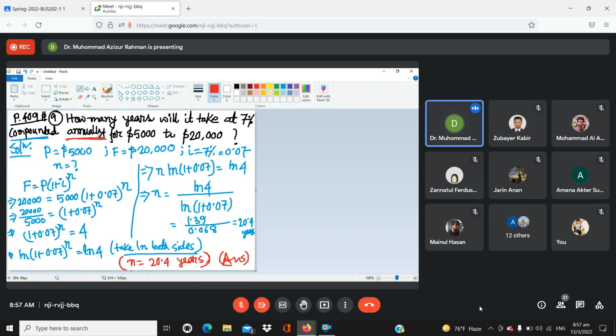Now, in this case, instead of compounded annually, what if the conversion is compounded quarterly?